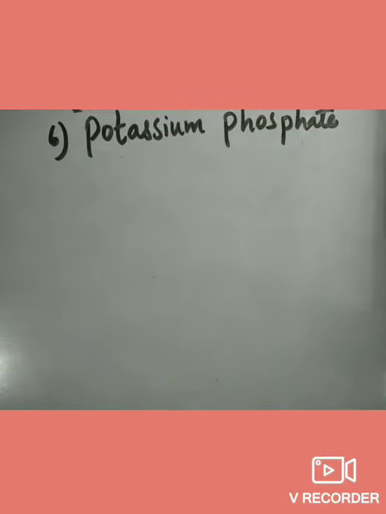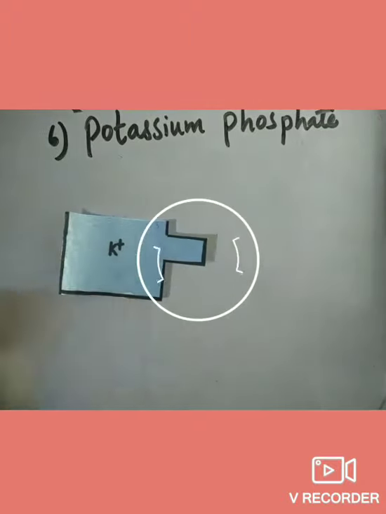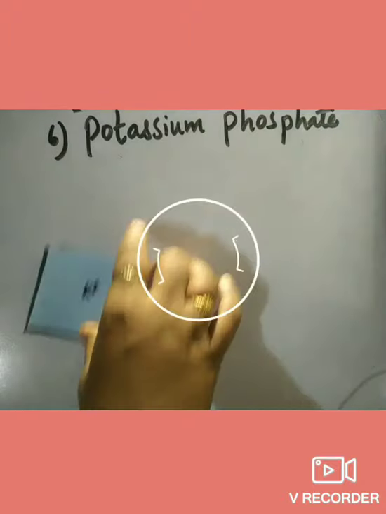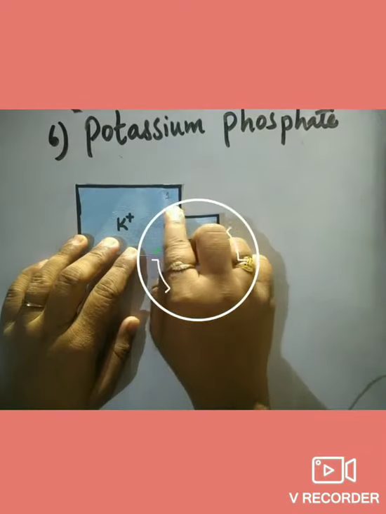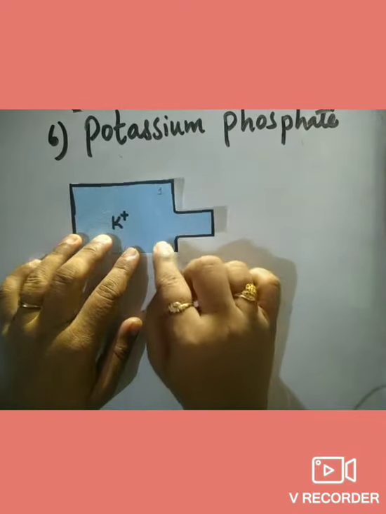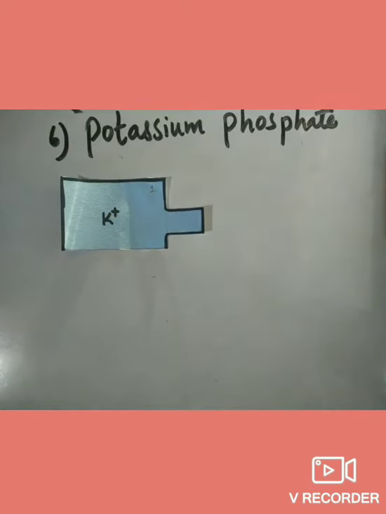Okay, let's start. First is potassium phosphate. So I'll take potassium first. This is our potassium. Potassium is having 1 positive charge. So there is 1 extra part I have made and I have to combine it with phosphate.